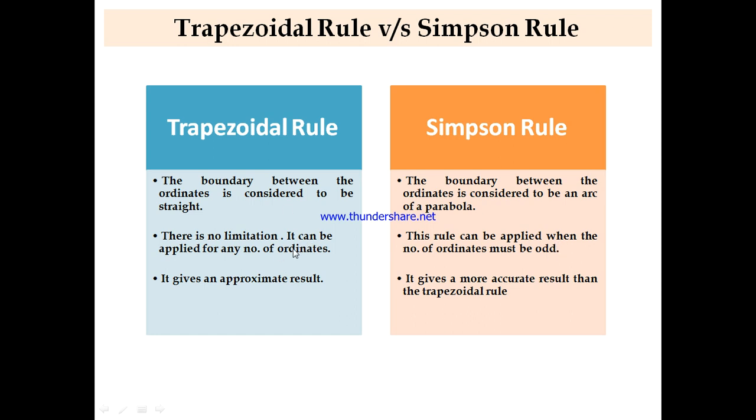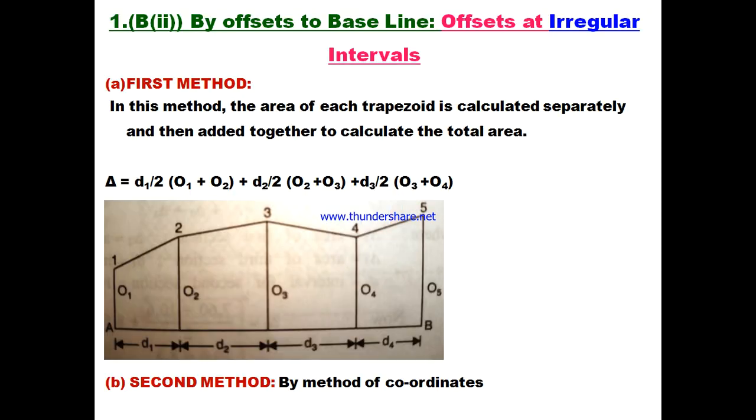For the trapezoidal rule, it gives an approximate value, but it has no limitation; it can be applied for either even or odd ordinates. The third difference is that the boundary between the ordinates is considered here as an arc of a parabola, while there it is considered to be a straight line. So these are the few differences between the trapezoidal and Simpson rule.